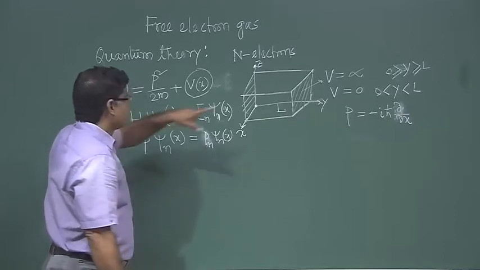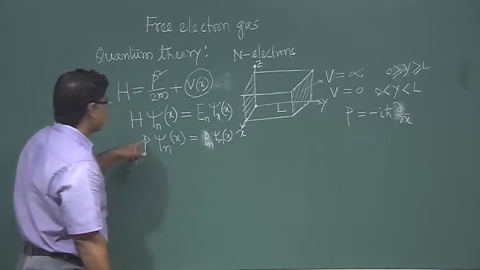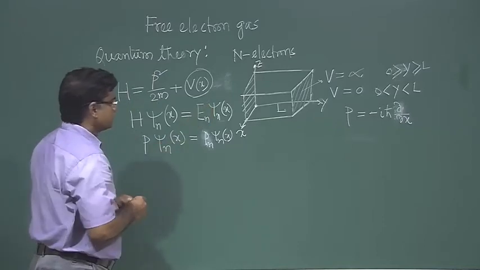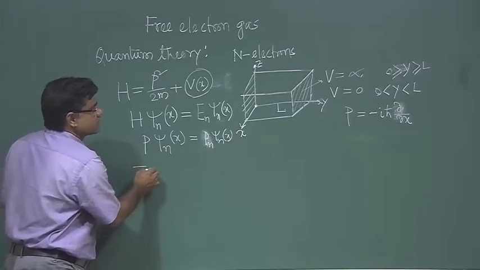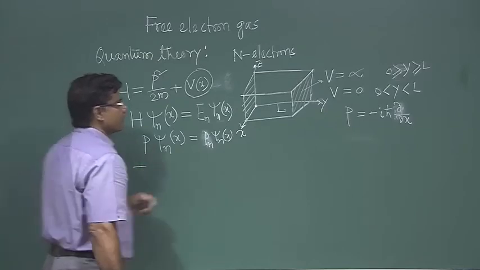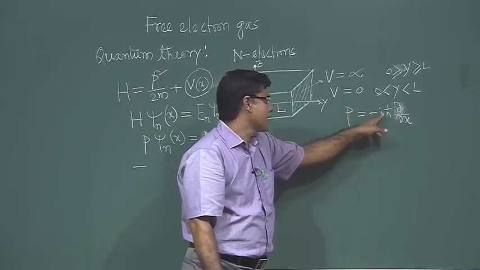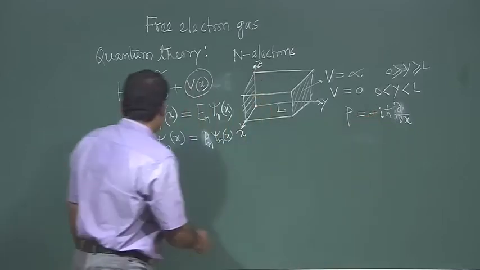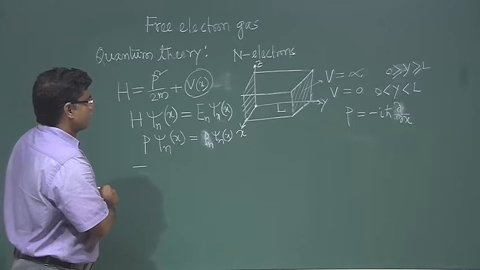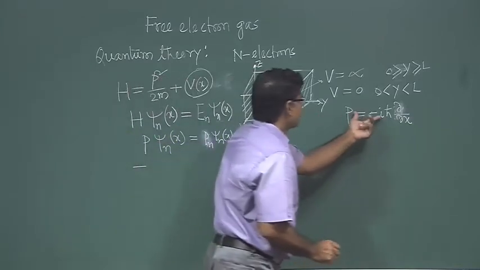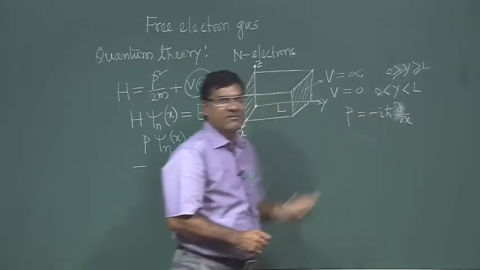So, if we write in operator form, P square by 2m will be minus i h cross twice, so minus minus plus, and i square will give minus 1.